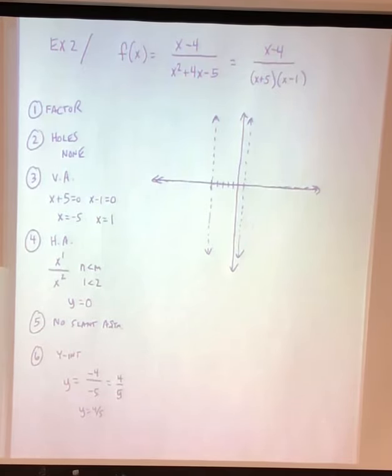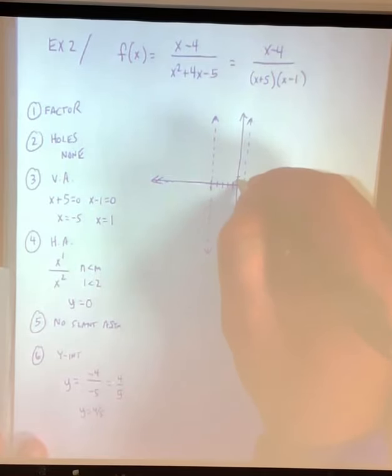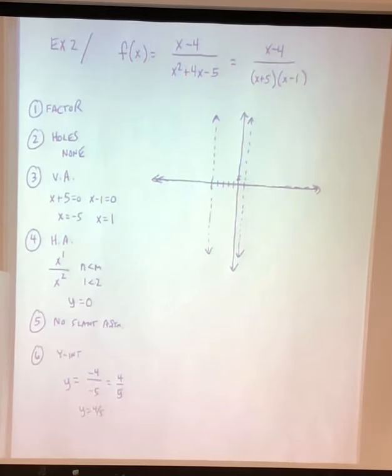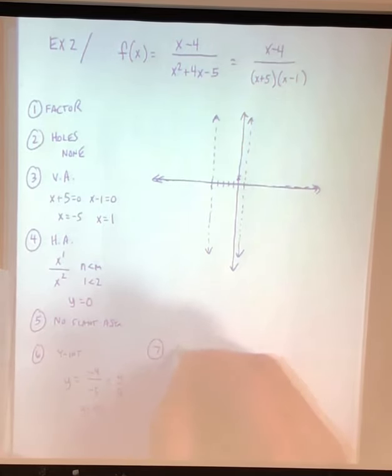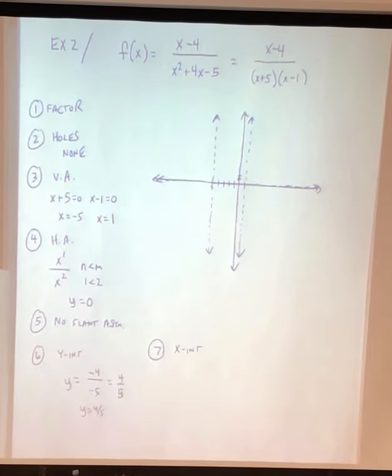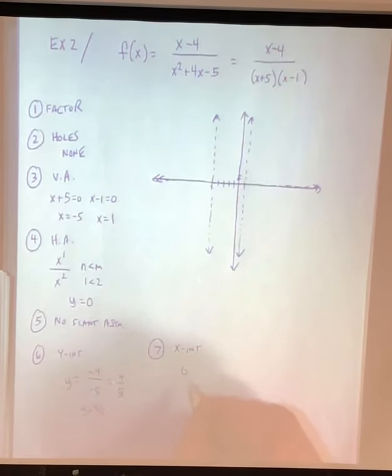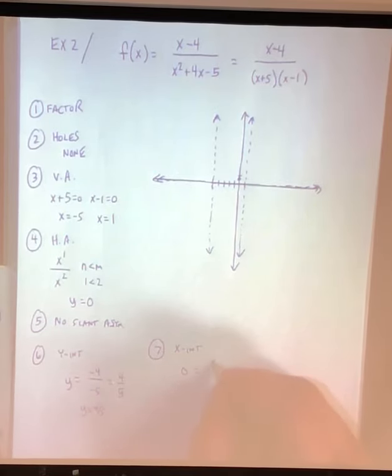So 0, 4/5, going up 1, it's right about at that point, just below 1. If I'm finding the x-intercept, I'm going to put in 0 for y. I'm just going to use the factored one for that. So 0 equals x minus 4 over x plus 5 times x minus 1.